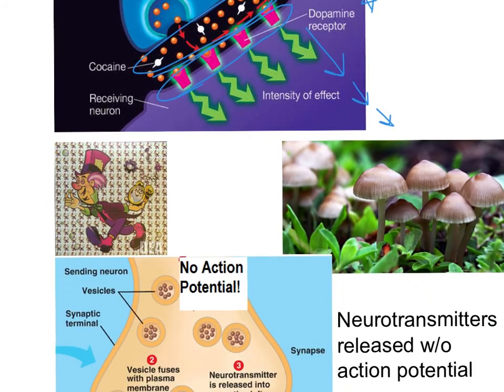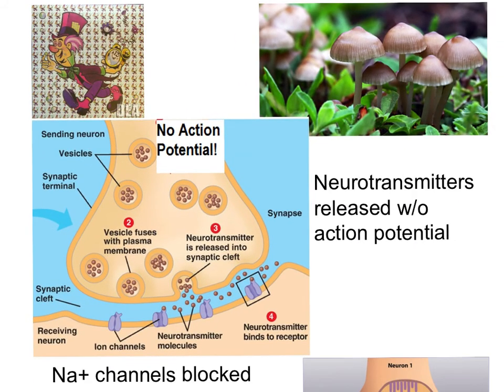Another example that's similar also causes stimulation in the neighboring neuron, meaning it also causes an action potential in the neighboring neuron when it should not. And that's like hallucinogens, like some varieties of mushrooms allow people to hallucinate and see things or hear things that aren't actually there.